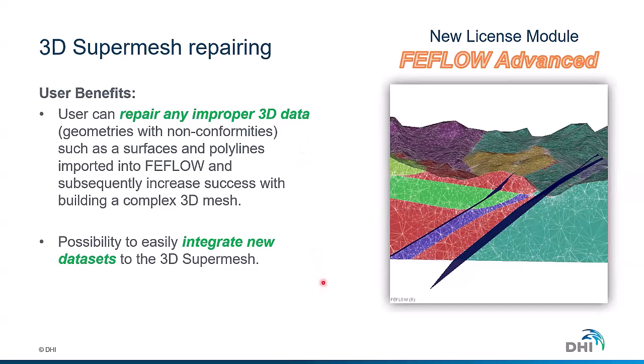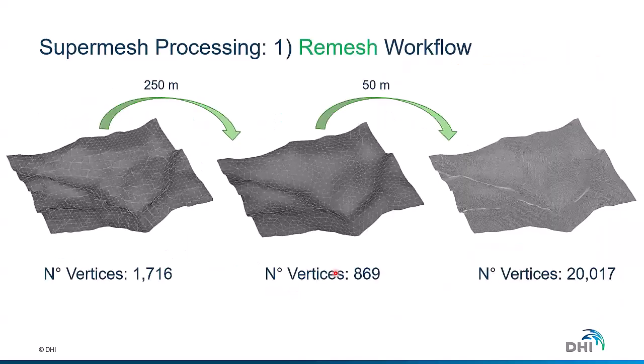At the same time, indirectly, you have the ability to integrate new data sets over and over every time you require. There are just two options, and they are relatively simple to use. The first one is the remesh workflow, which basically remeshes surfaces.